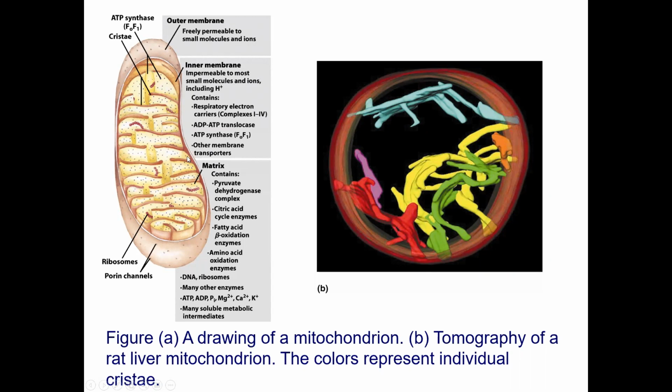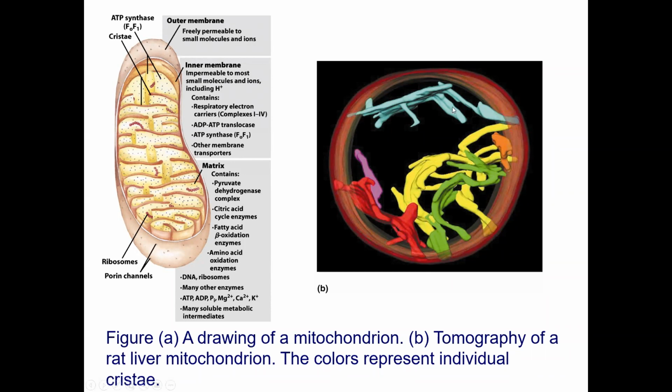Cristae are this very unique structure that literally is the inner membrane folding into these structures. And so you can say that it provides a much higher surface area in that little space.